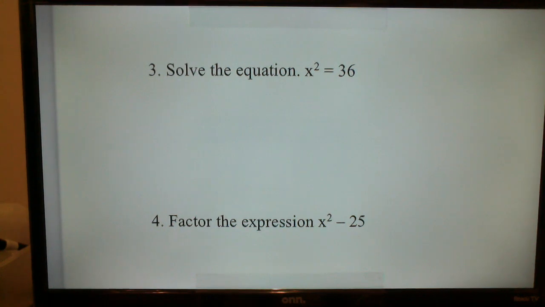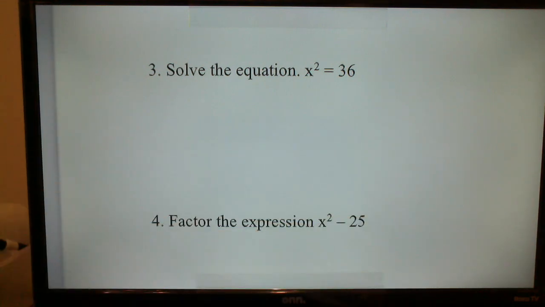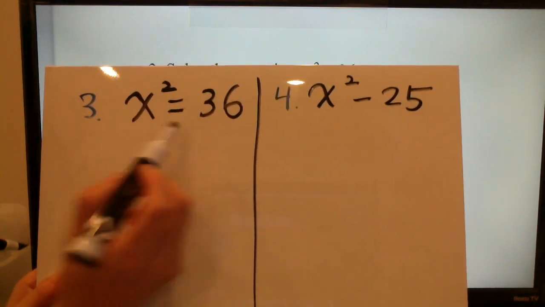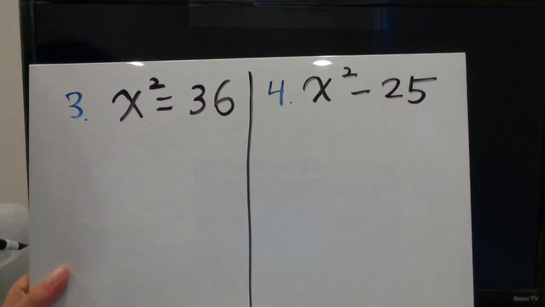Number 3 and 4. So this time it's the same theory. To solve the equation, x squared is 36. And number 4, factor x squared minus 25. So do you remember we need to make the expression equal to 0?